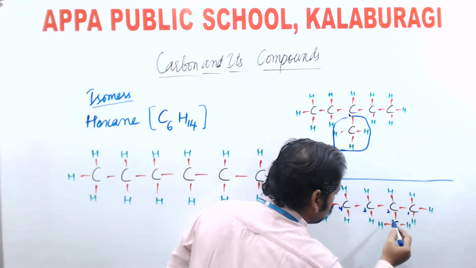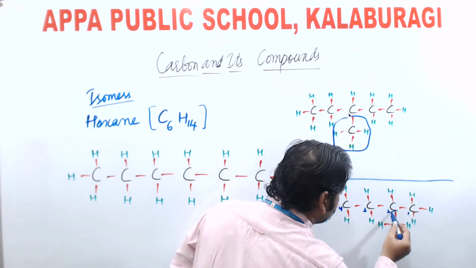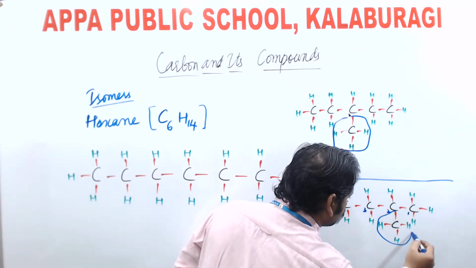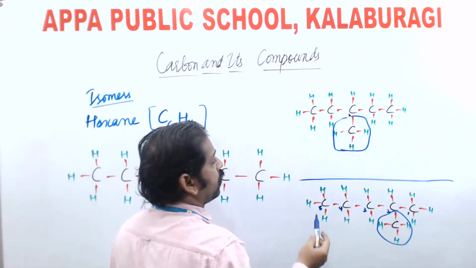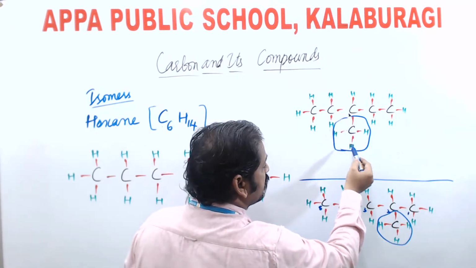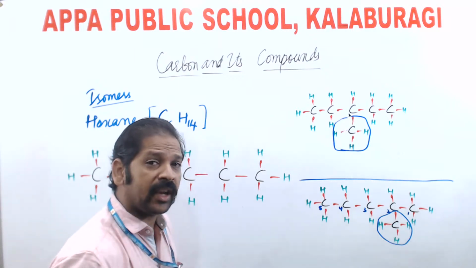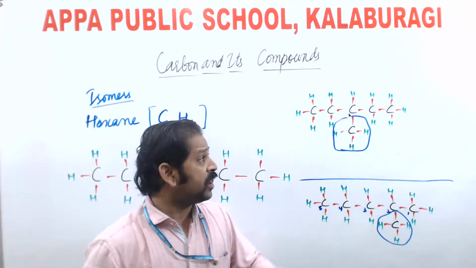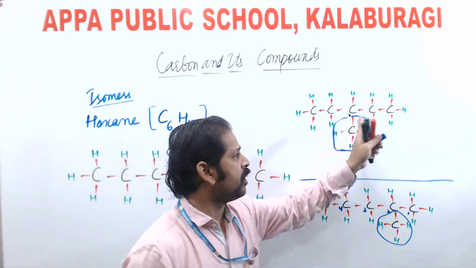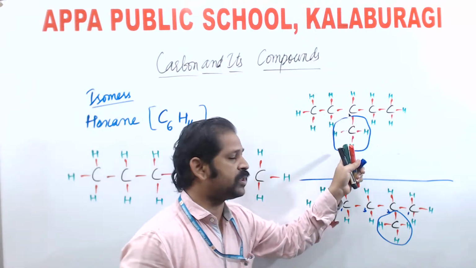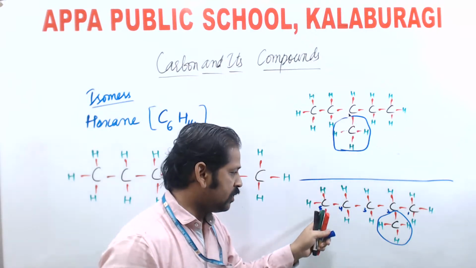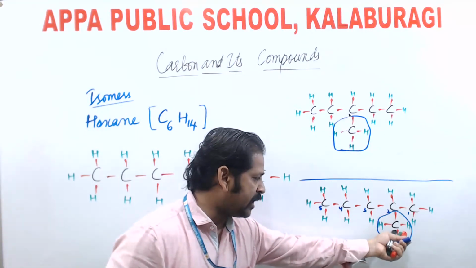One is here, one more is here. This CH3 is called a branch because it is additional from the main group. This part is the main chain and this is the branch.